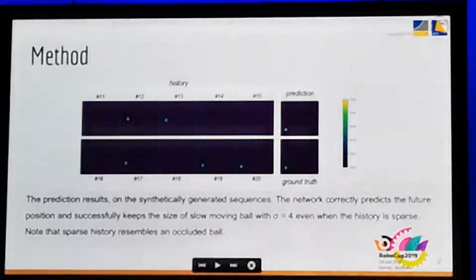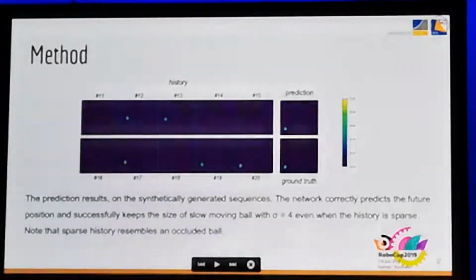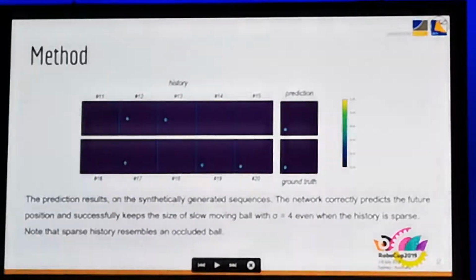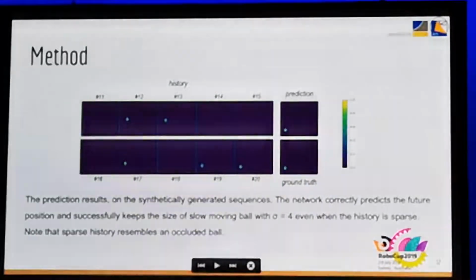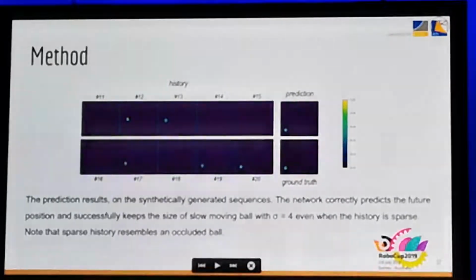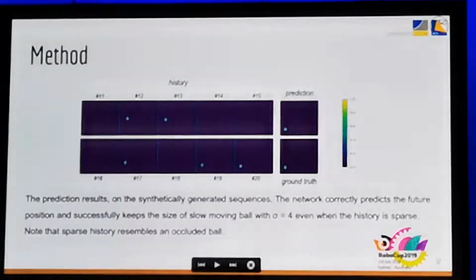We excluded the ball in some frames to resemble the occlusion, and as you can see, the ball is not detected in some of them, but after frame 20, the next prediction has the ball, so the method can work even when the history has some partial or fully occluded balls.